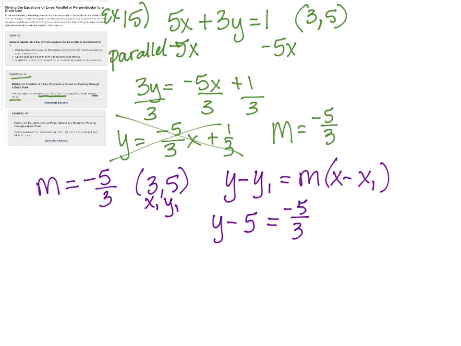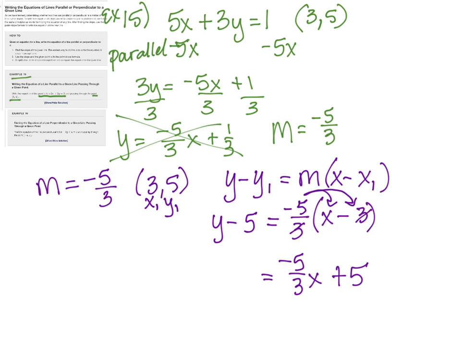Negative 5/3 times x minus, what's x1? And then all we have to do now is simplify. Distribute that negative 5/3. So negative 5/3 x. What happens when I do negative 5/3 times negative 3? Positive. My 3's cancel. Positive what? 5.